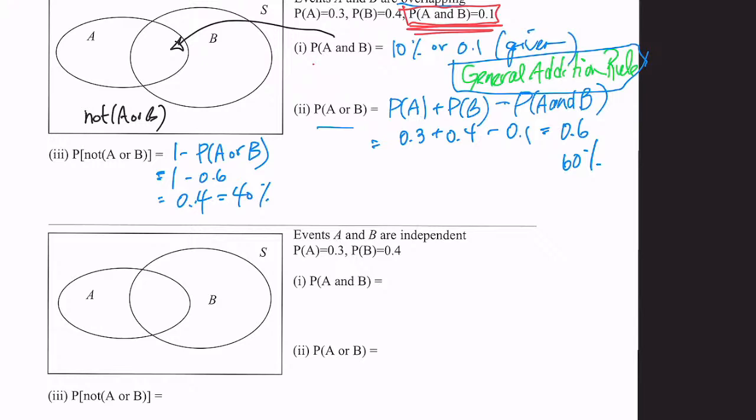How you doing? What'd you get? Okay, so the first question asks you for A and B, so you need the intersection.